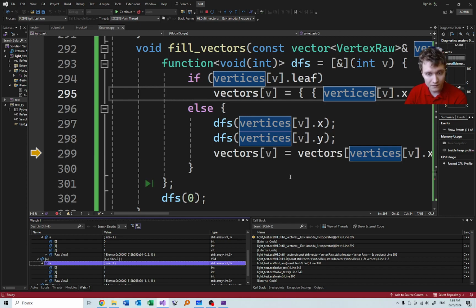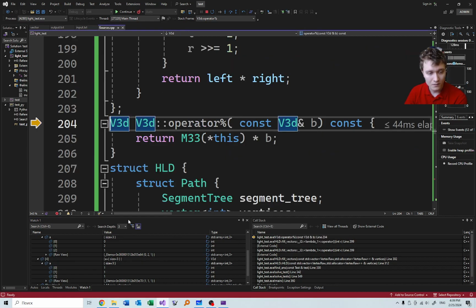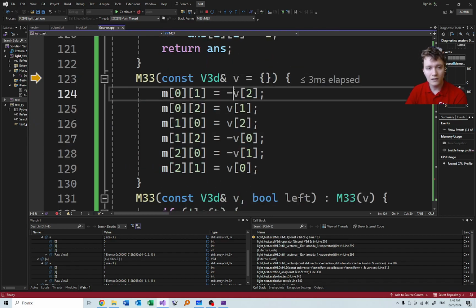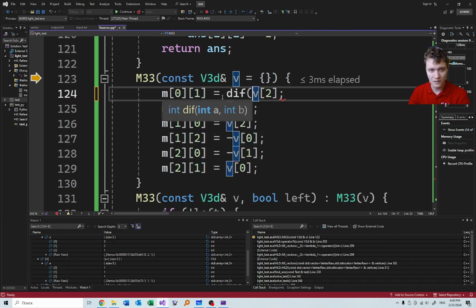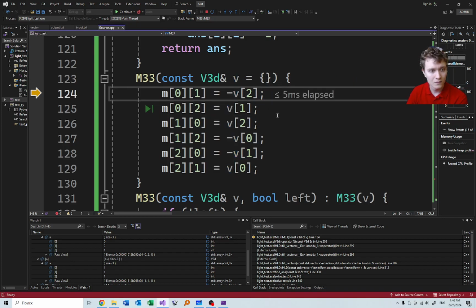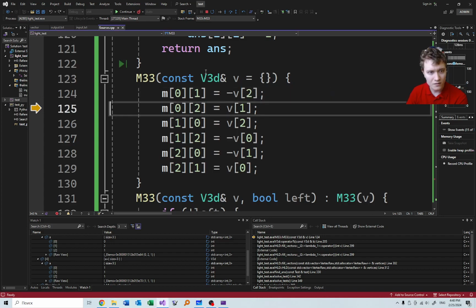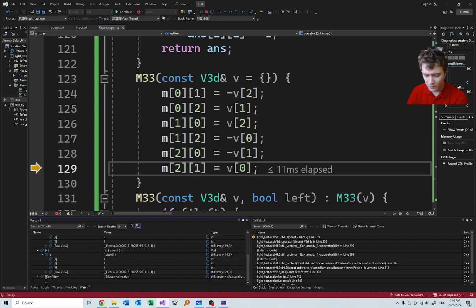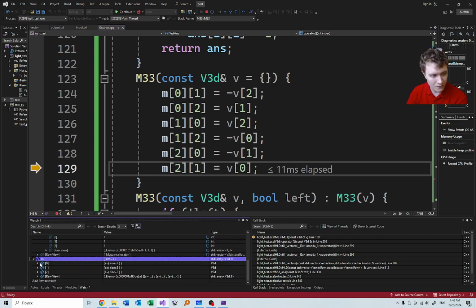So I believe this is the problem. No, it's not a problem. Okay, so V is this matrix. Then we fill it somehow.